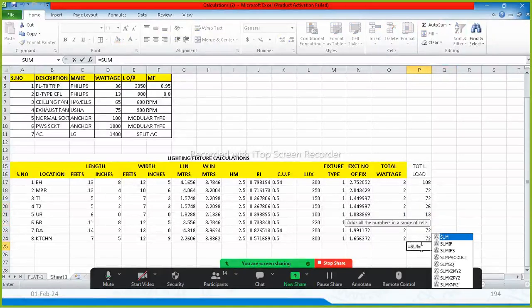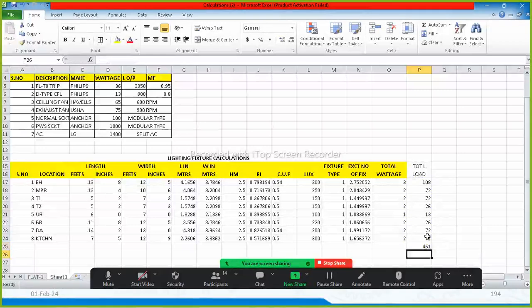Okay, now adding up, the total load is equal to the sum of the total load, that is 461 watts.